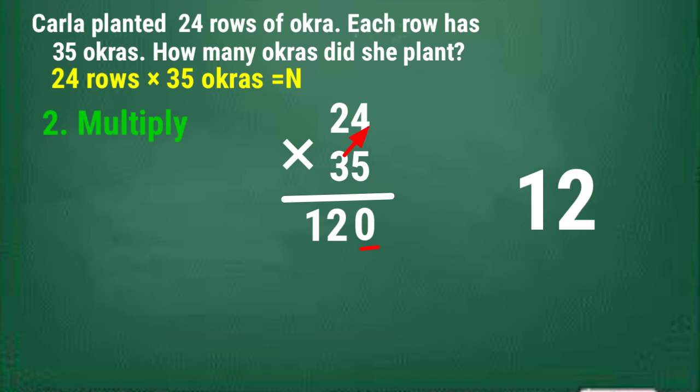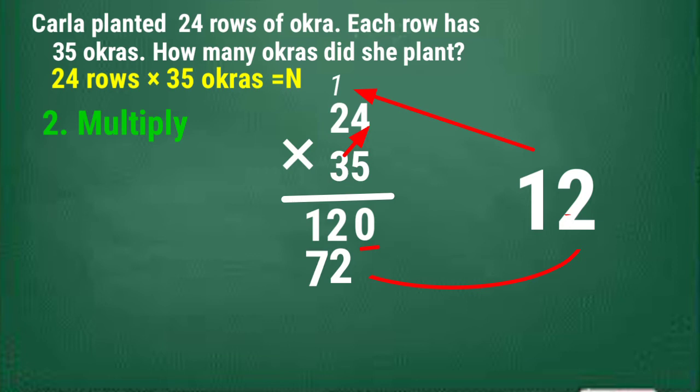So instead of writing your subproduct below 0, you have to write it below 2. 3 times 4 is 12. Bring down 2 and carry 1, put 1 above 2, the next digit to be multiplied. So 3 times 2 is 6, plus 1 is 7.